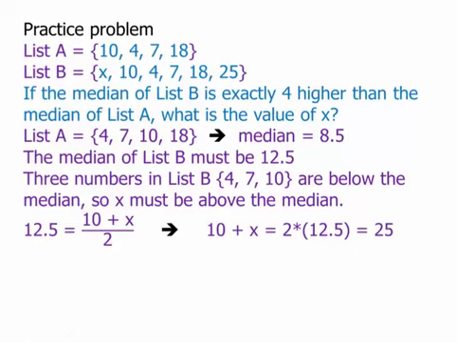What we get is 12.5 times 2 is 25. Subtract 10. We get X equals 15. And so that's the value of X. If X has a value of 15, then set B would have a median of 12.5, which is exactly 4 higher than 8.5.